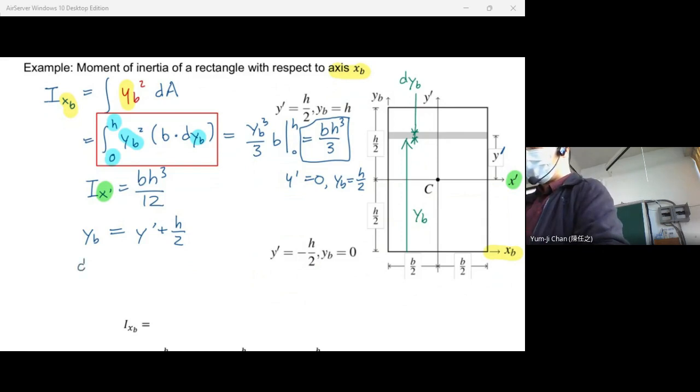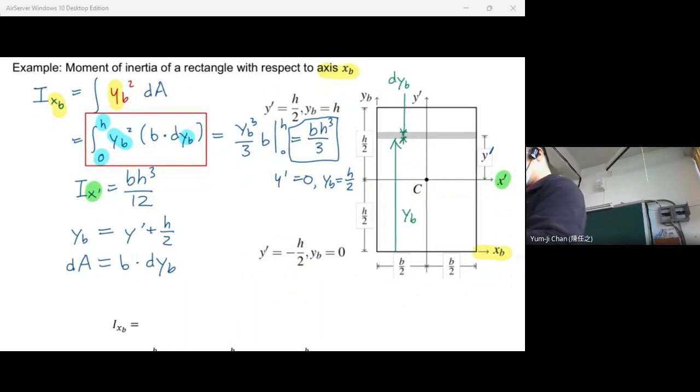let's look at dA. dA from here is equal to b times dyb. How about if we write it in y prime? So here we have y prime. So what's the thickness of this stripe?